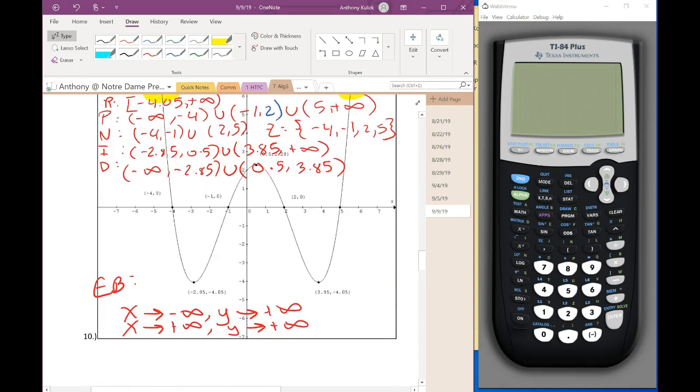Remember, when we say left and right, we're talking about x's going either positive infinity or negative infinity, and then the up and down is the y either going to positive infinity or negative infinity. Everybody's okay with that? Up and down is y's, left and right is x's.